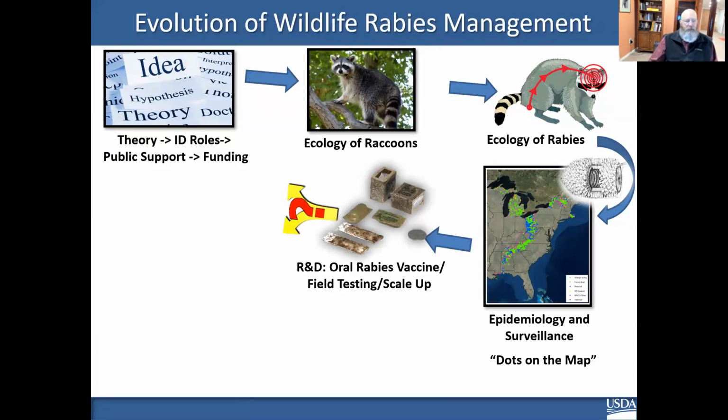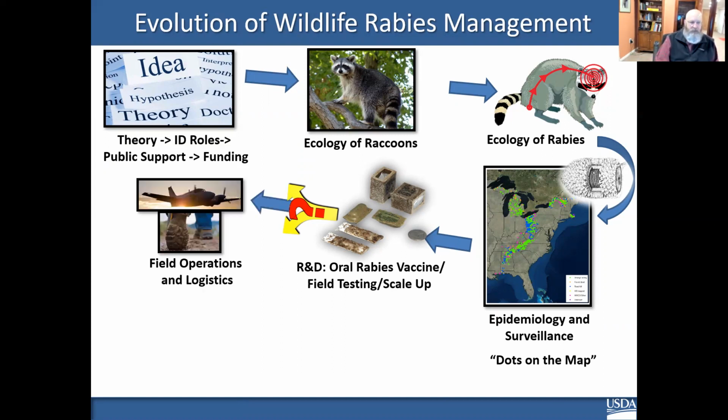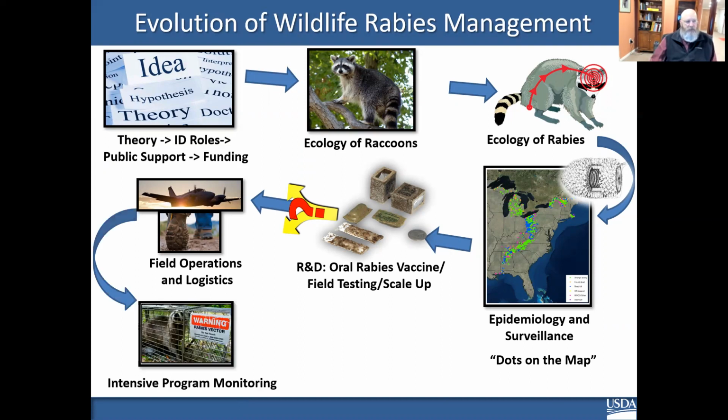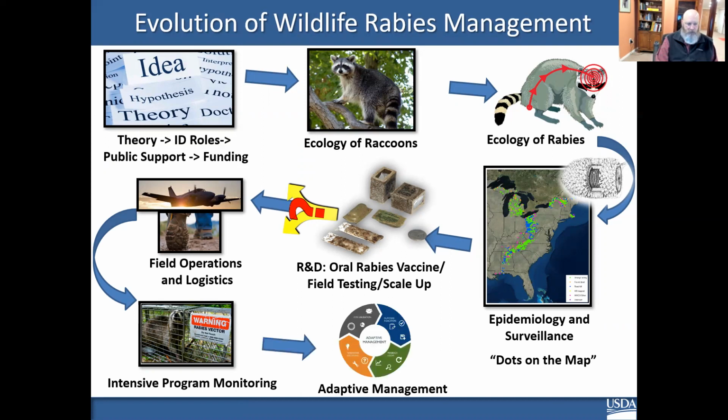Then we looked at field testing a variety of vaccines, having the industry scale up. On our part, we looked at field operations and logistics, how to refine that and be cost efficient in distributing baits, and then having that intensive program monitoring so that we could do good adaptive management and continue the loop to make sure that we're doing a better job each year.